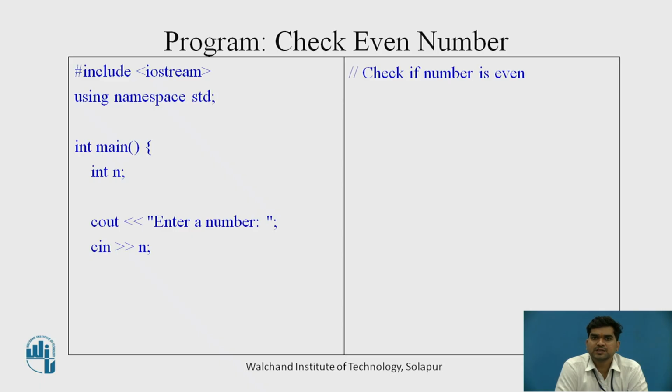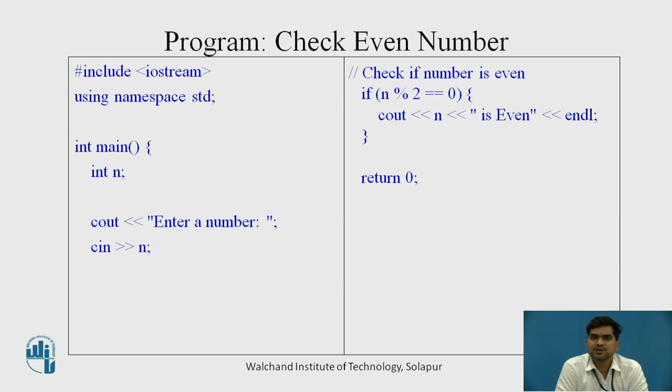Then we have to check if the number is even. For that, this is an if condition: if n modulus of 2 is equal to 0, and this condition is satisfied, then we get the output that the number is even. And this is the end of this program.